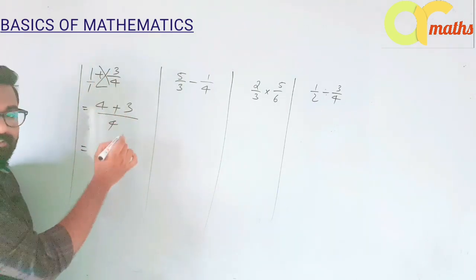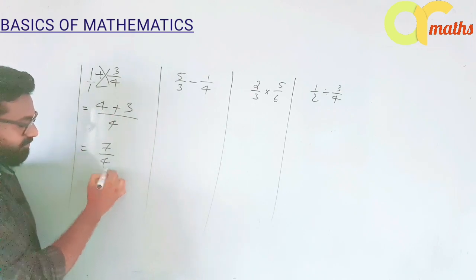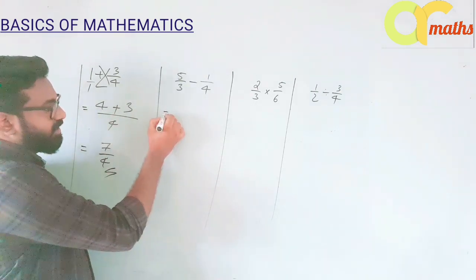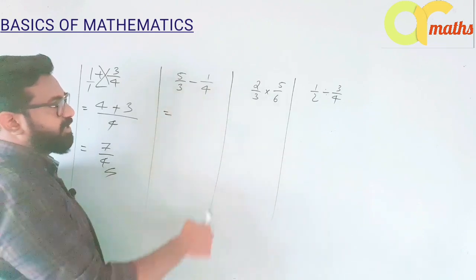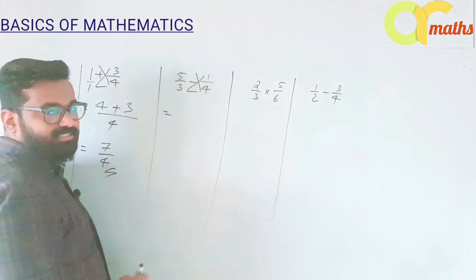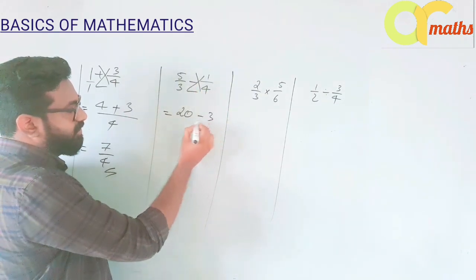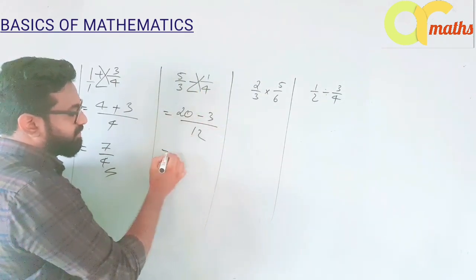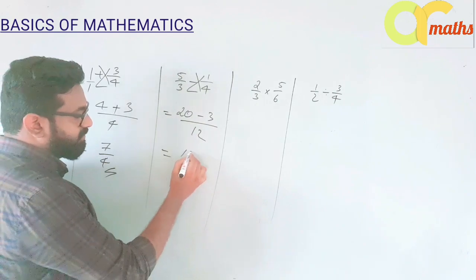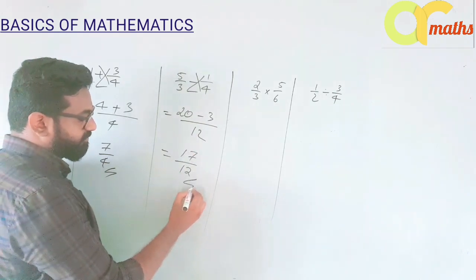So, its answer is 7 divided by 4. What about 5 by 3 minus 1 by 4? Just cross multiplication. 5 into 4, 20, minus 1 into 3, 3, all divided by 12. So, 20 minus 3 is 17 divided by 12.